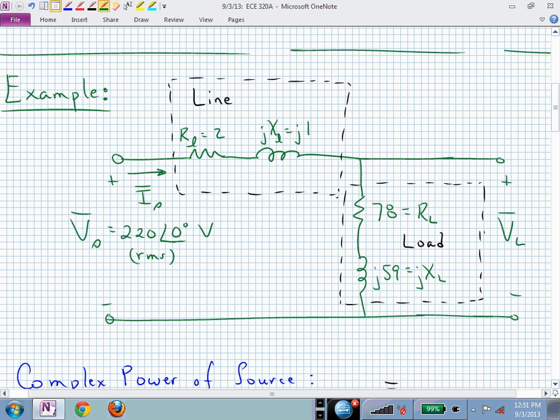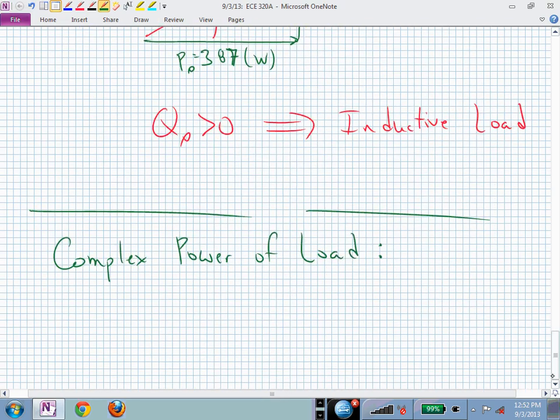And my question hinges on, is that current that I've labeled going into the positive terminal of my load? Yes, because it goes into the positive terminal before it continues through the load elements themselves and out the negative. This then is set up to give me the absorbed power at the load.